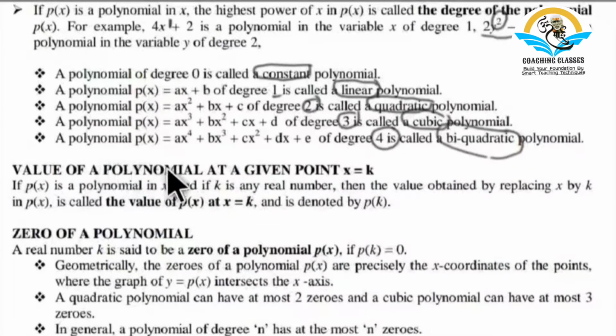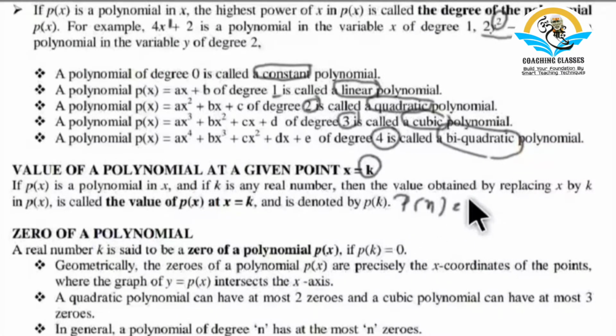Now the value of a polynomial at a given point x equal to k. If p(x) is a polynomial in x, and k is any real number, then the value obtained by replacing x by k in p(x) is called the value of p(x) at x equal to k, and is denoted by p(k). Let us see by example.